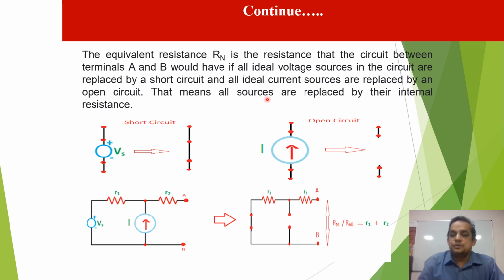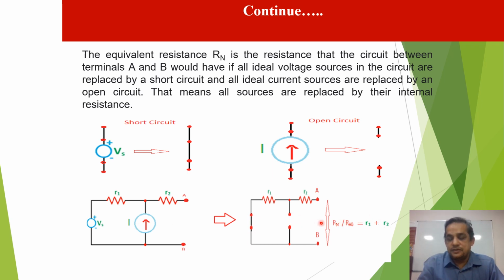That means all sources are replaced by their internal resistance. Here the same process is applied. Firstly, we replace the voltage source or current source by their own resistance. A voltage source has zero resistance, so it is a short circuit. A current source has high resistance, so it is converted to an open circuit. So I applied here: voltage source short circuit and current source open circuit.